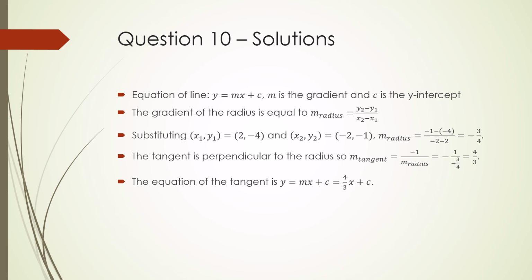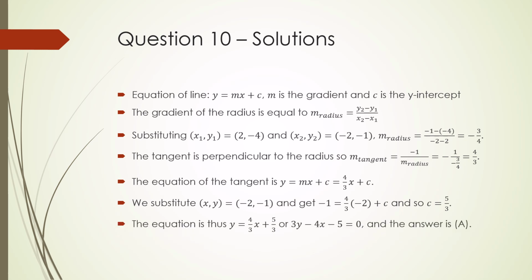We know that the point (-2, -1) lies on the tangent line, and therefore we substitute x, y equals -2, -1, and we can find the value of c from here. We put the value of c back into the equation and move the numbers around, getting 3y minus 4x minus 5 equals 0, giving our answer option A.